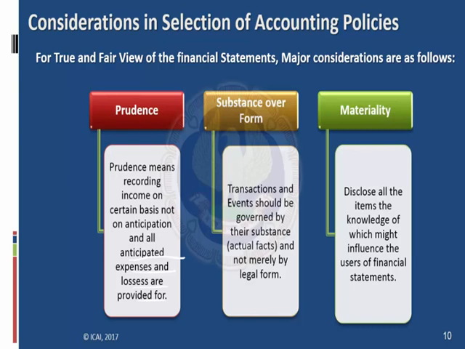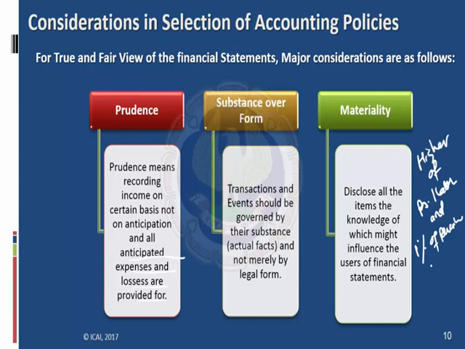One classic example of materiality is Schedule 3 of the Companies Act 2013, which states that the entity has to disclose all items which are higher of rupees 1 lakh and 1% of turnover or revenue.